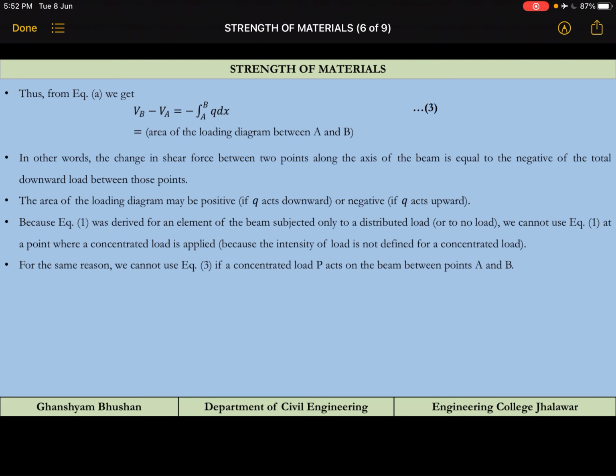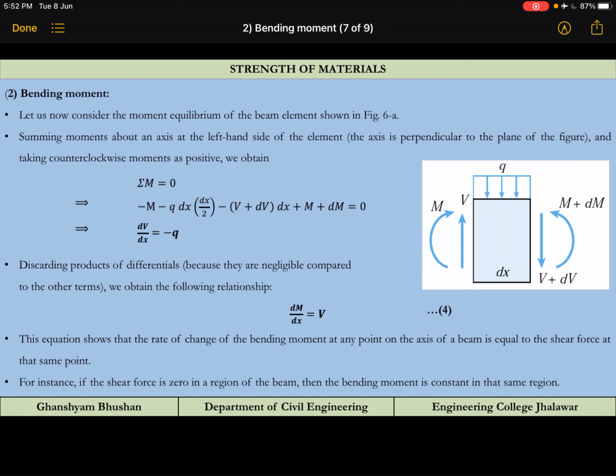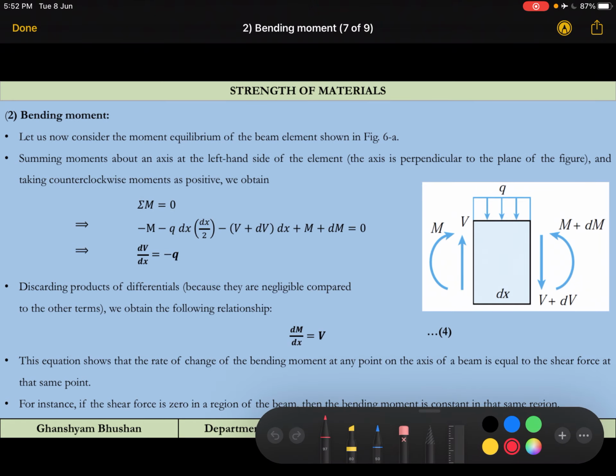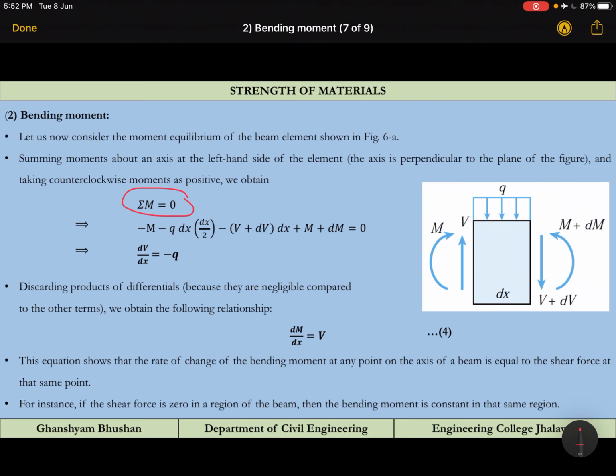Okay, so let us move to our second thing, that is the bending moment. So how bending moment and shear force are related, that we are going to see. Now the same we are going to do, and we will be taking the moments of all the forces about any point. So summation M is 0 about any point you can take. So let us say we are taking about this point, this side.